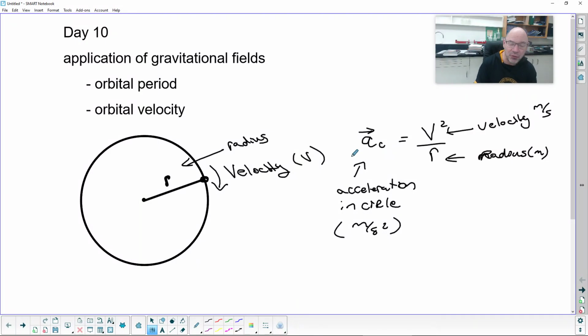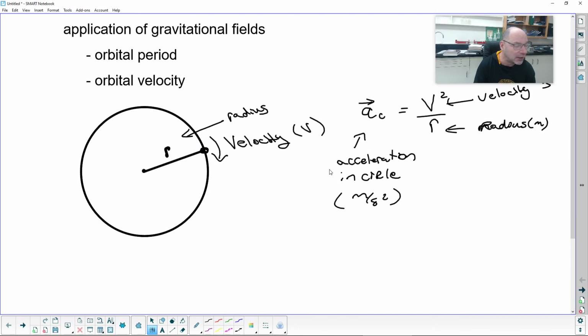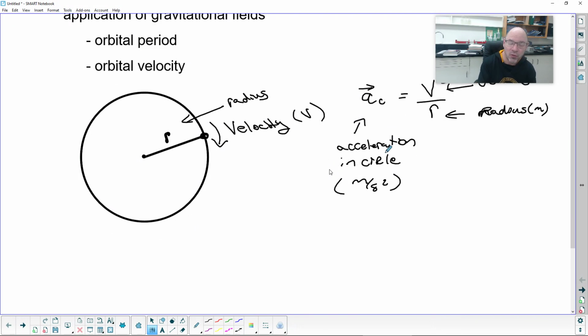And we also know that the force, according to Newton's second law, the net force is equal to the mass times the acceleration. Okay? So if we wanted to come up with a circular acceleration, we could put this acceleration in here.